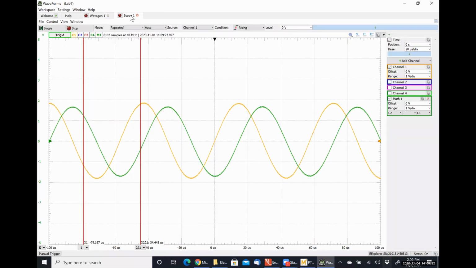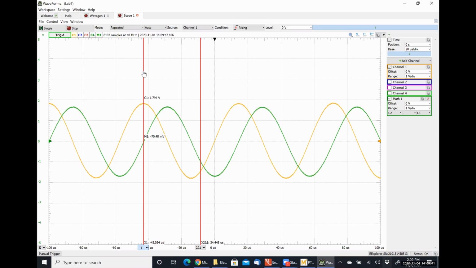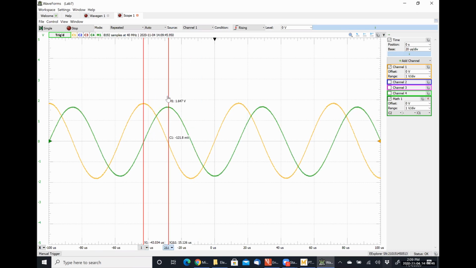And it tells us to adjust the horizontal cursors X1 and X2 to find the time phase shift. So I'm going to place cursor 1 on the peak of our voltage signal, and I'm going to place cursor 2 on the peak of our current signal.